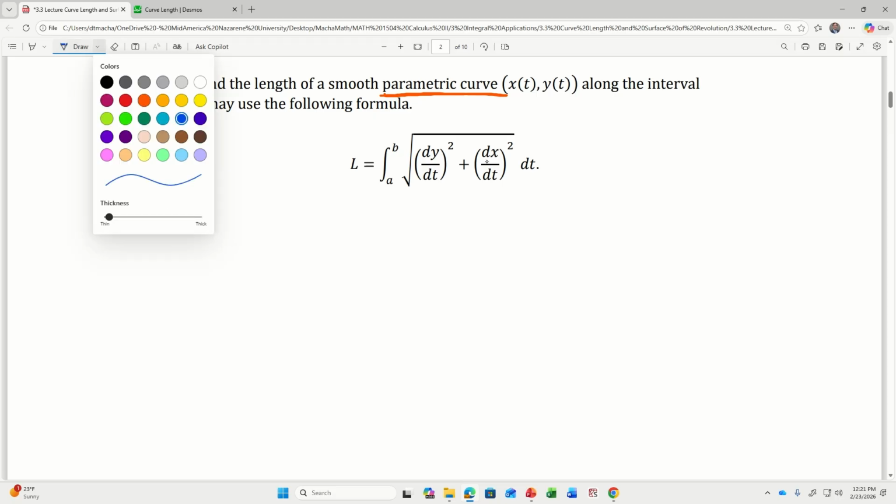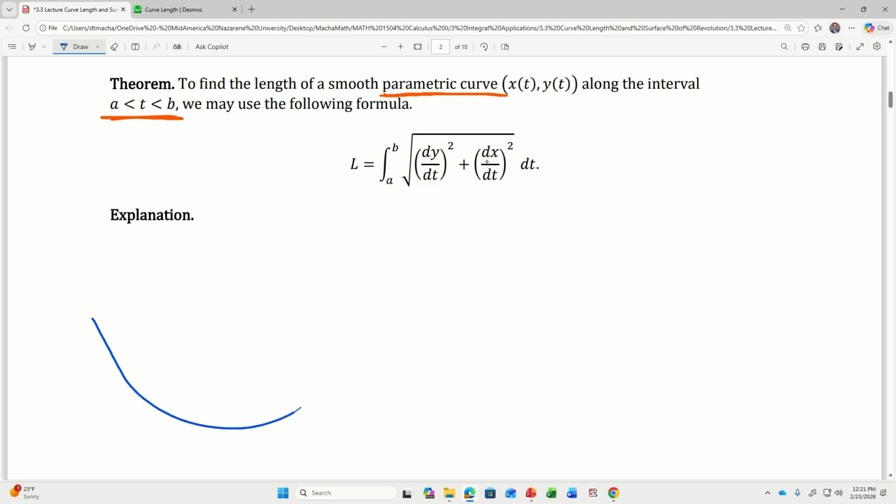And the explanation for why this works is you say, well, this is the point where t is equal to a. And so this will be the point where t is equal to b.